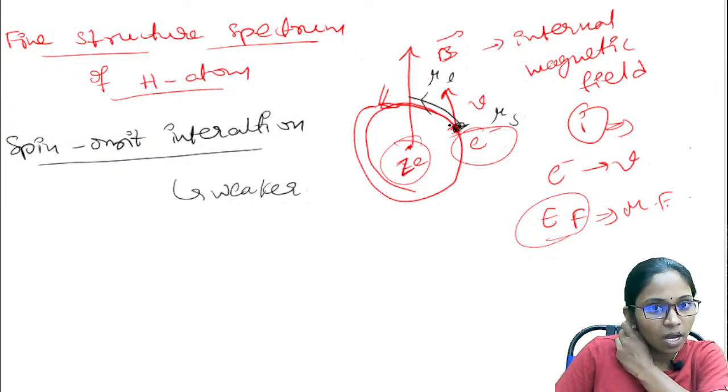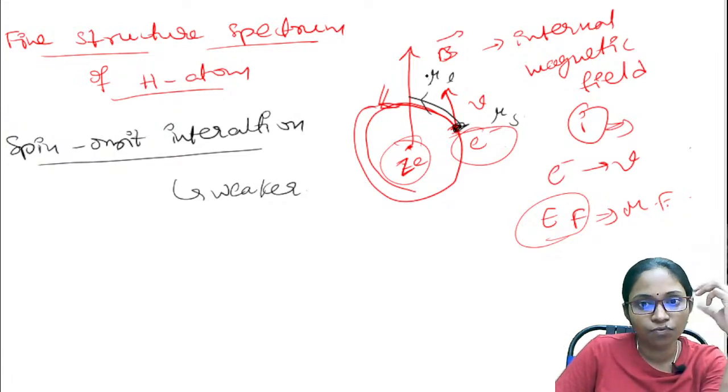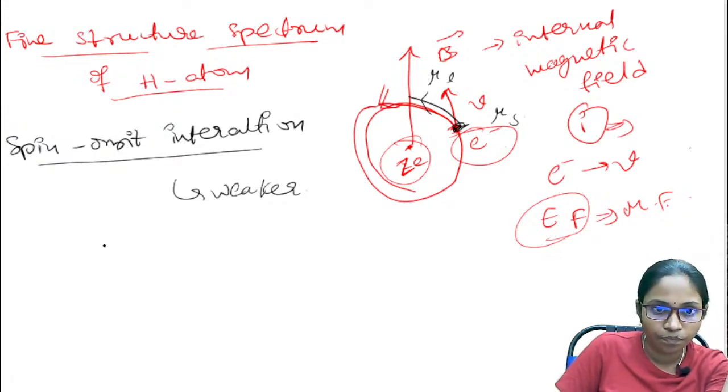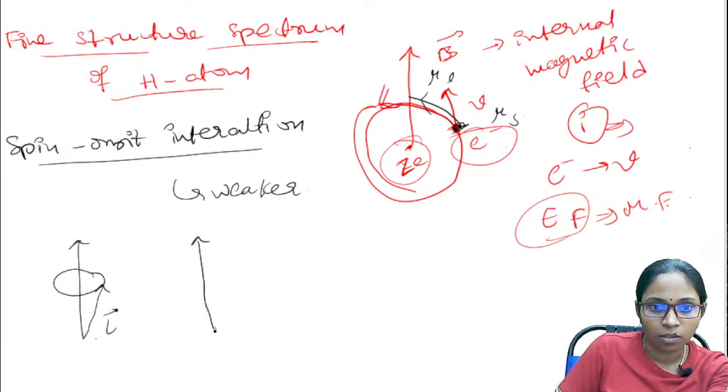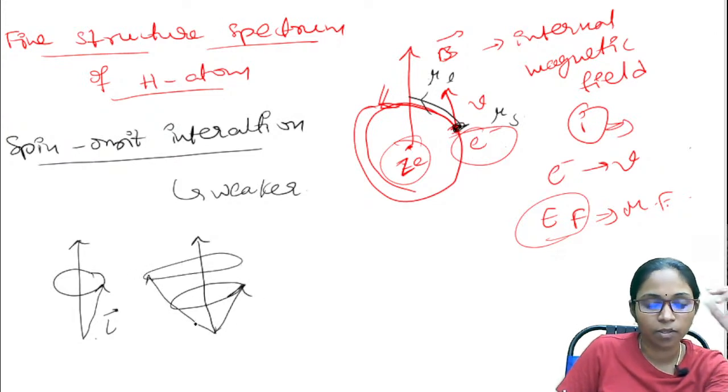Because of this magnetic field, what happens? Without magnetic field, the orbital angular momentum orientation will be this one. Because of the internal magnetic field that arises due to the motion of the electron, this will be the orientation of the L bar, orbital angular momentum, and this will be the orientation of the spin angular momentum.